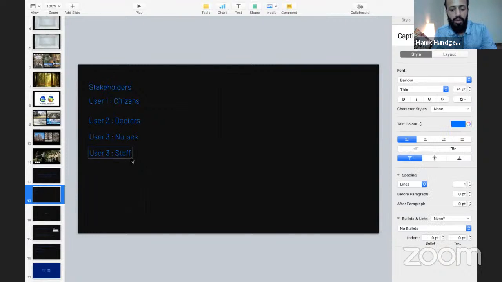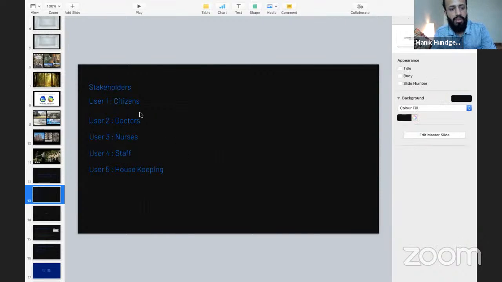Staff basically will be your admin, and those people are your staff. Housekeeping is very important here. Do you think there could be any other user apart from these? Are we missing anything?